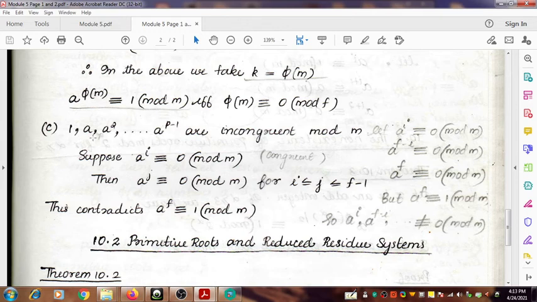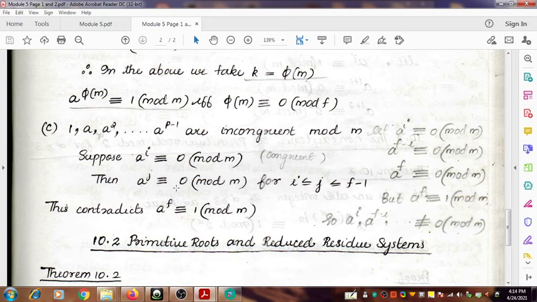If we divide these powers of a by the number m and compare the remainders, if two remainders are the same, then you have to say that they are not incongruent. That means they are congruent mod m.